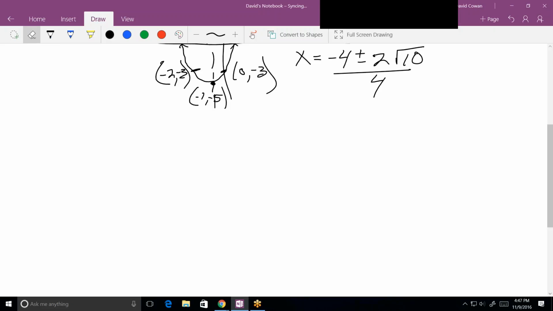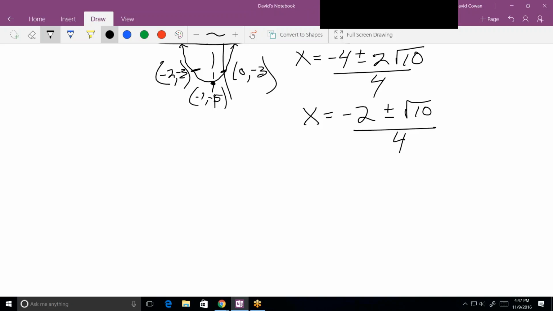Yes. Well, you could divide everything by 2. Minus 2 plus or minus, that becomes 1, so I just have the root 10, and then all over 4. There are my two answers.